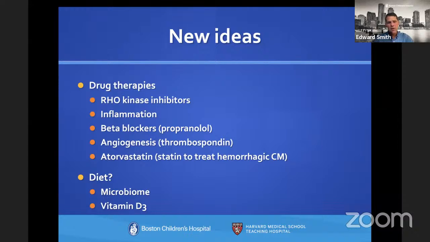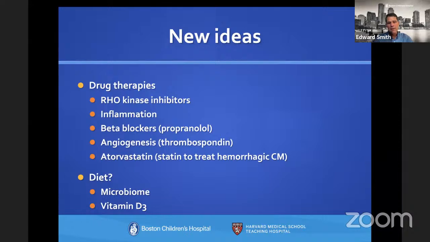Anti-inflammatory therapies have been thought about. People have talked about beta blockers and propranolol in particular. The idea here being that there is a direct anti-cavernous malformation effect, in addition to perhaps, for adults, lowering the blood pressure a little bit as a possible secondary effect.